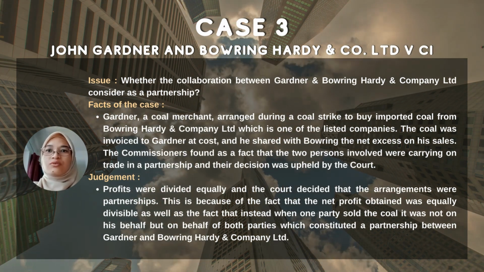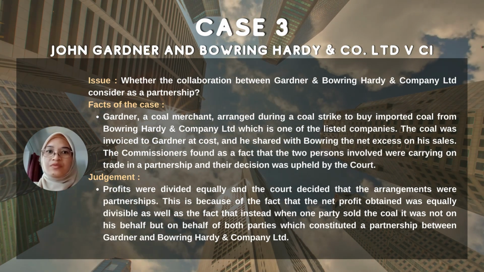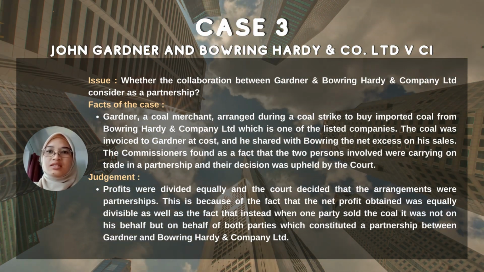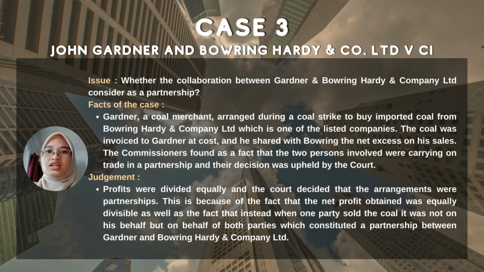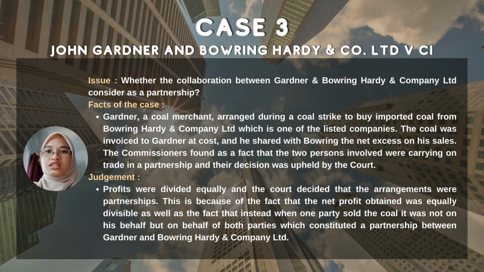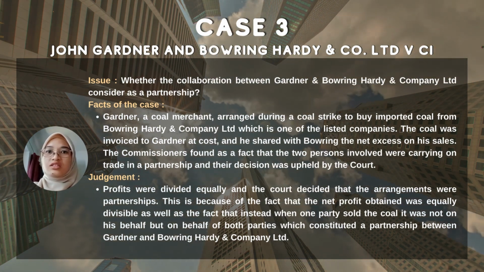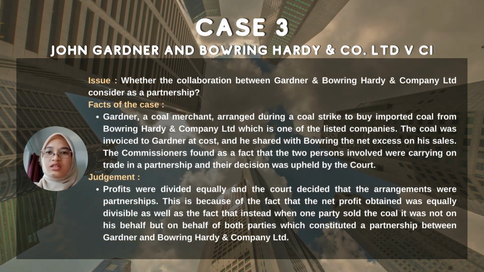The coal was invoiced to Gardner at cost, and he shared with Bowring the net excess on his sales. The commissioner found as a fact that the two persons involved were carrying on the trade as a partnership, and their decision was upheld by the court.